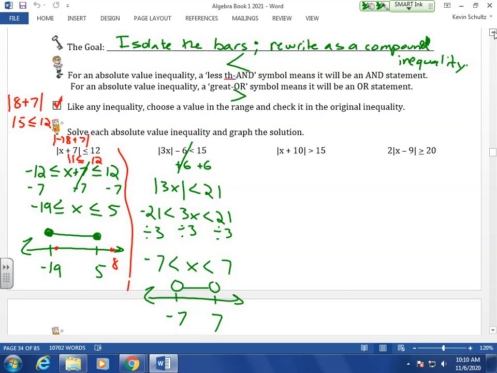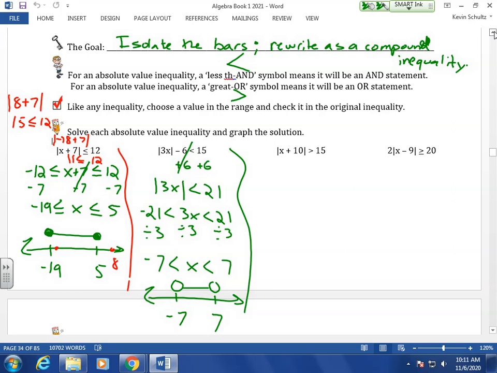All right. Let's go to the third one. The absolute value of x plus 10 is greater than 15. And or, okay, greater than symbol. The bars are by themselves, so we can go straight to the compound inequality here.